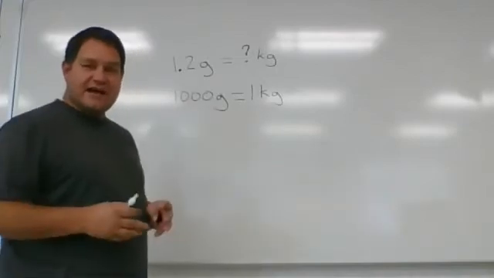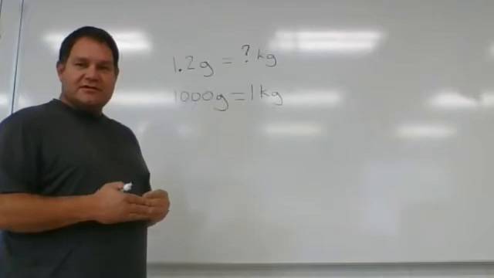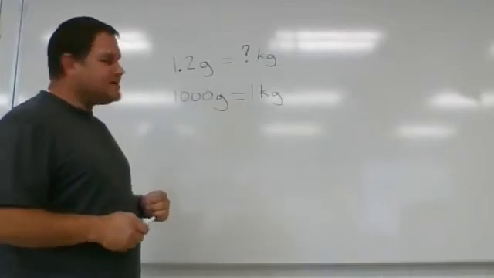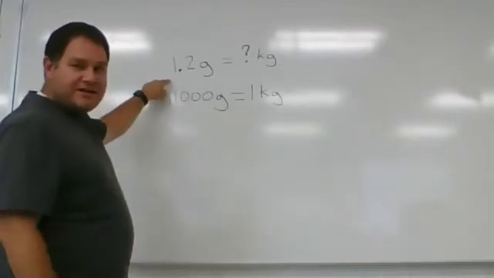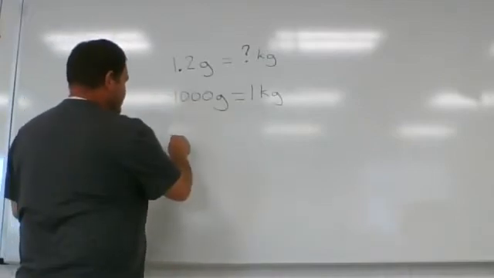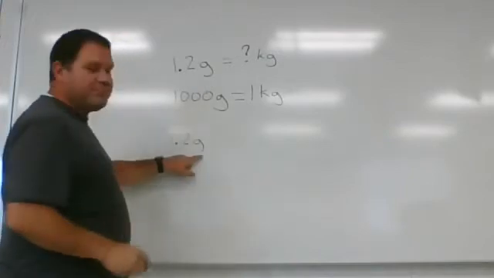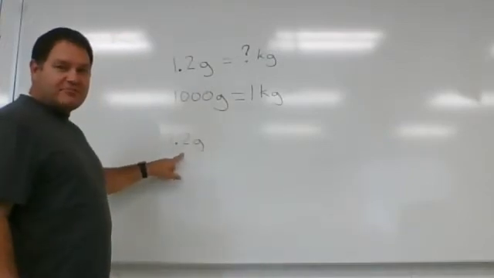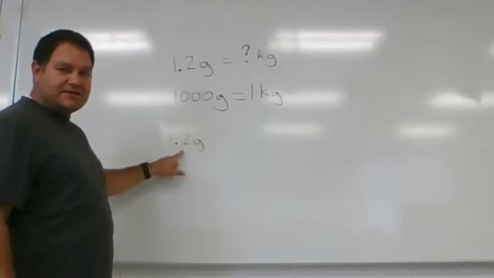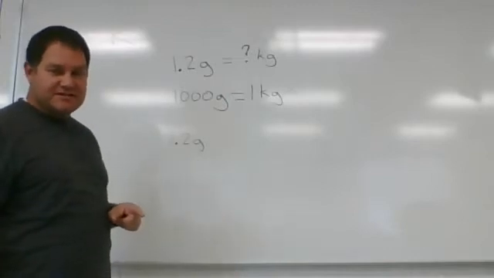So let's show you how I would set up solving this problem using dimension analysis. The first thing I would do is take my known value, the value that was given to me, which is 1.2 grams. And I'm going to put the unit along with the value. It's really important that you do not slack on putting units when you're using conversions in dimension analysis.